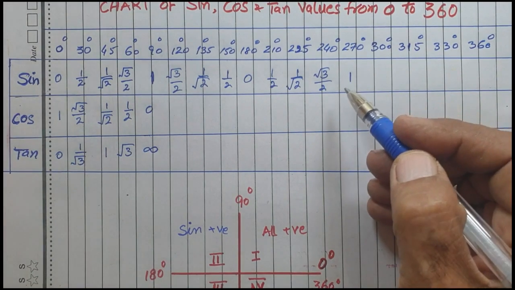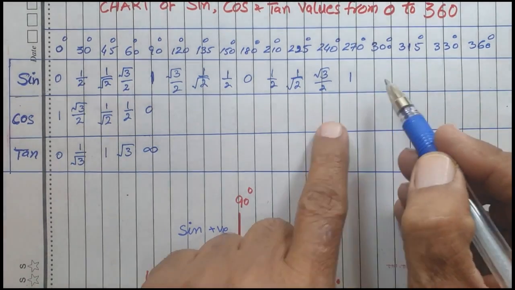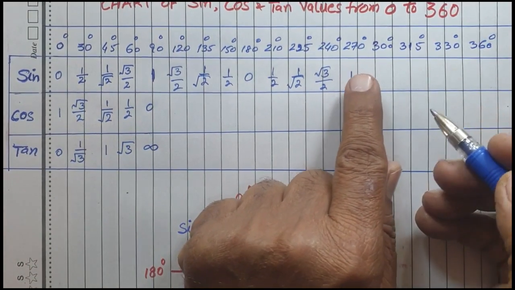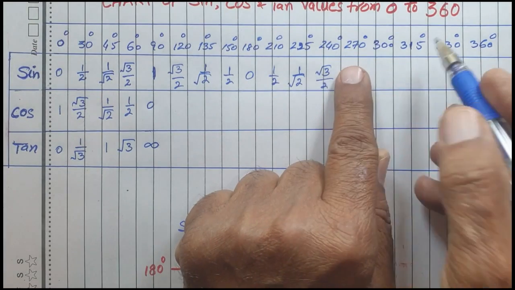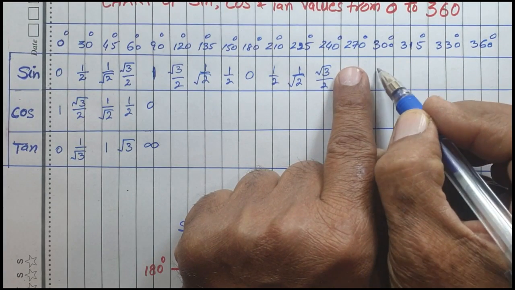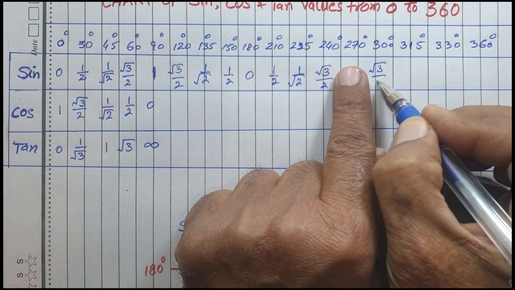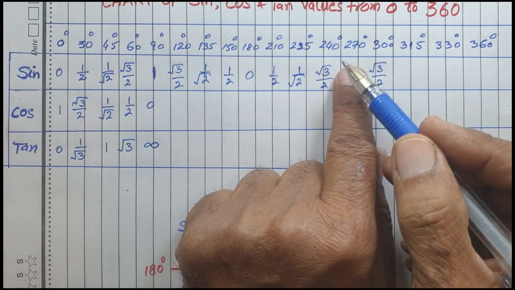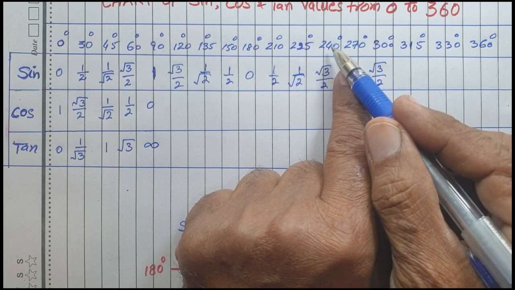After 270, in the same way, we find the values of these angles. Keep the finger here and write this value: under root 3 by 2, because the difference of angle is 30 degrees.